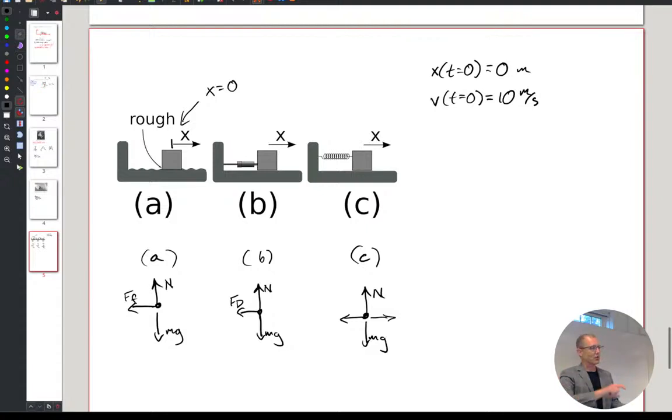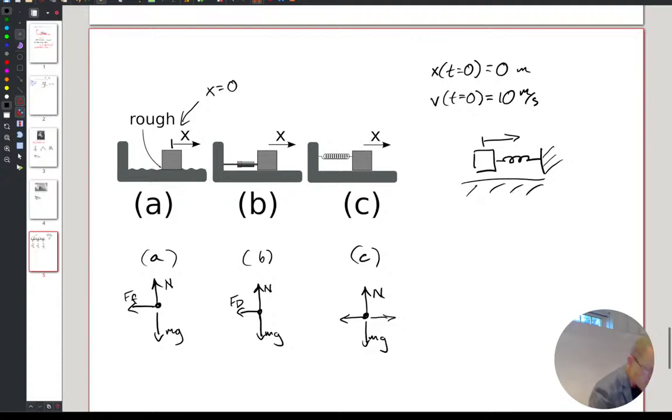Even if the spring was on the opposite side, it would still be the same case. For a positive x displacement, I still have a negative spring force, even though I put the spring on the opposite side.